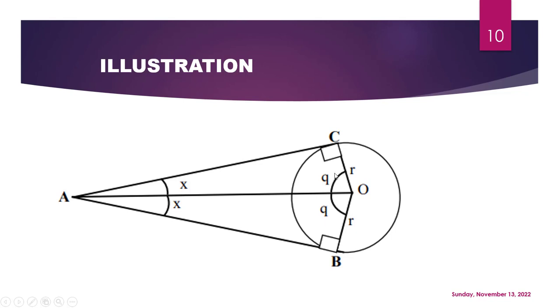This means that it divides the angle into two equal parts. So if the angle here is Q, it means that the angle here is also Q. So these are some few properties that we discussed under the tangent to a circle.